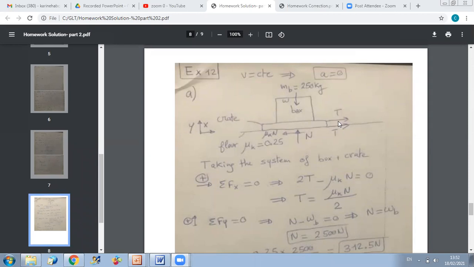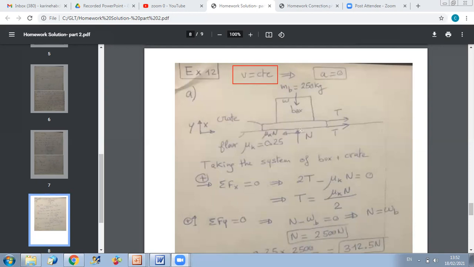How to find t? They gave us certain information. They said that the system is moving at constant v. If the velocity of the system is constant, this means that we have zero acceleration for our system. And since acceleration is zero, we can write the equation that sum of Fx is equal to zero.